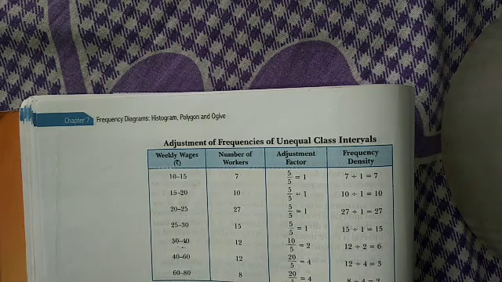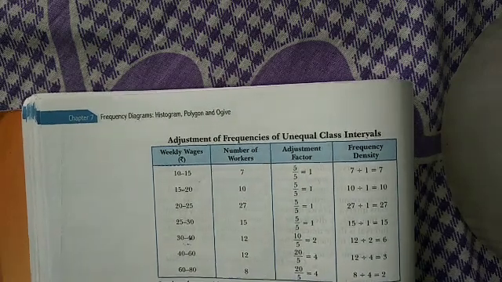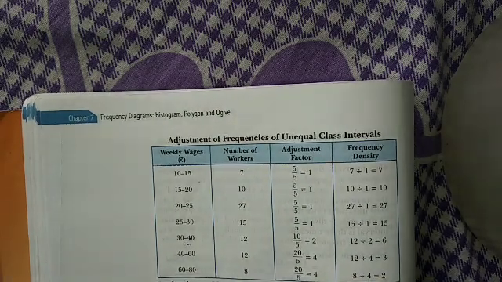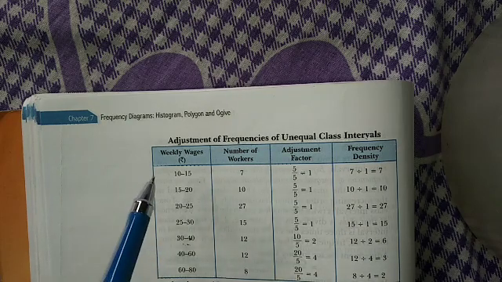Now in this table, the class interval for the first 4 classes is 5.